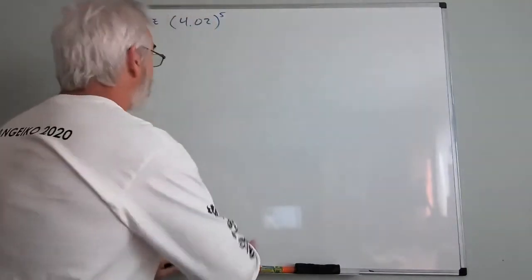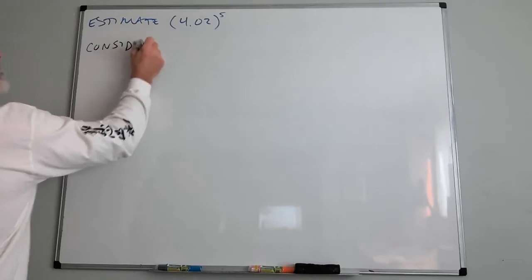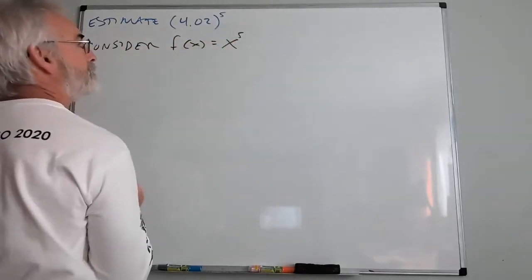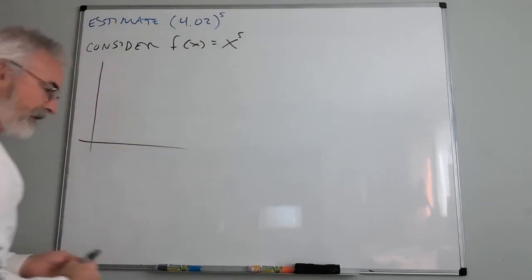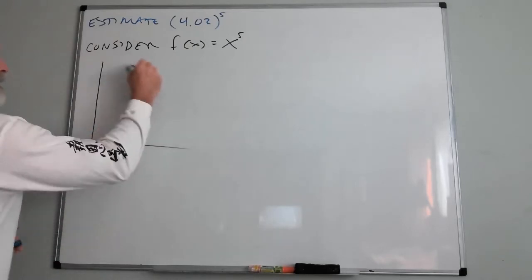So let's consider f of x is x to the fifth power. What does the graph of that look like? In the first quadrant, certainly it's going to grow really fast.